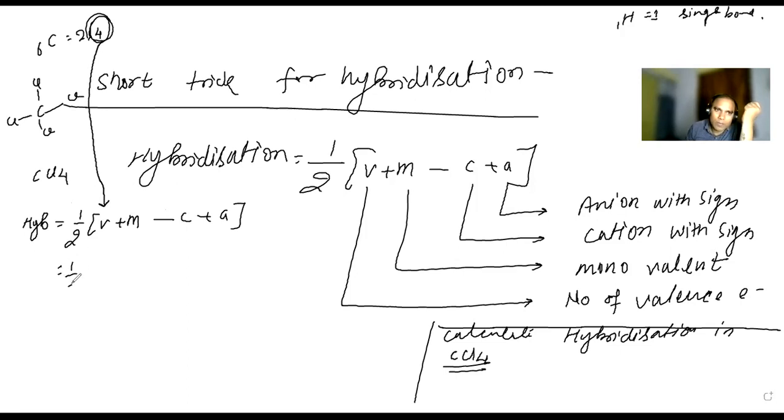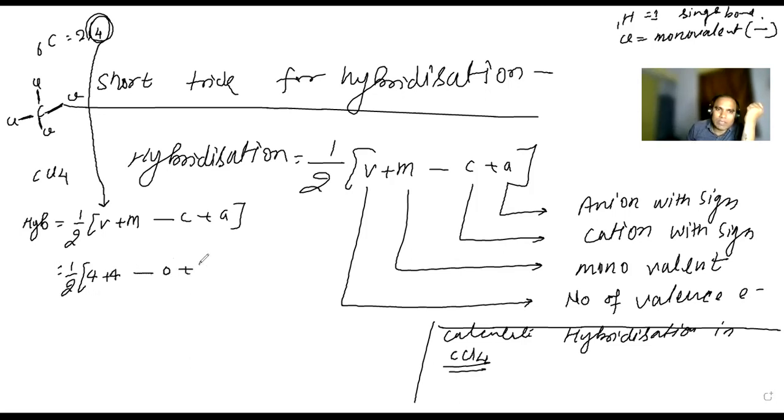Yes or no? Yes, sir. How many monovalent are there? Cl atoms are monovalent. Monovalent means single bond. How many single bonds are there? 4. Yes or no?